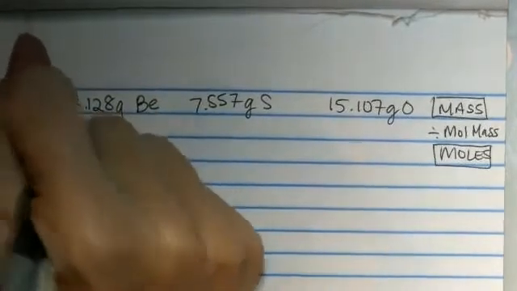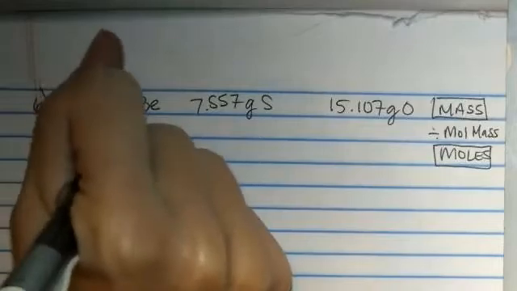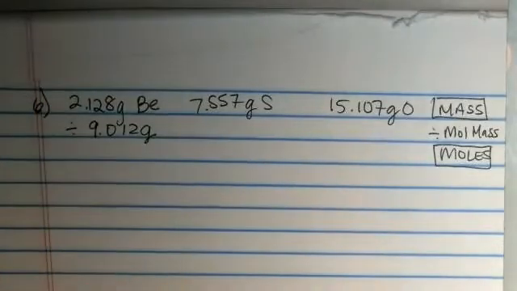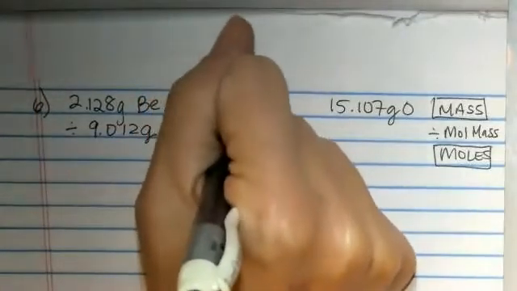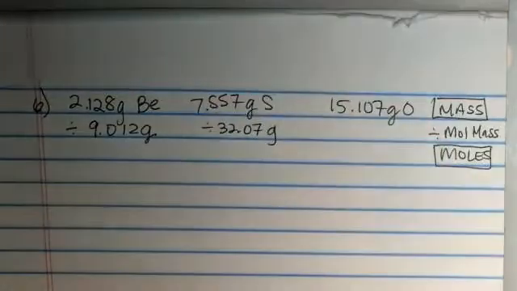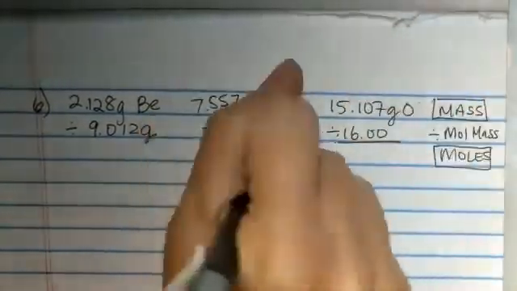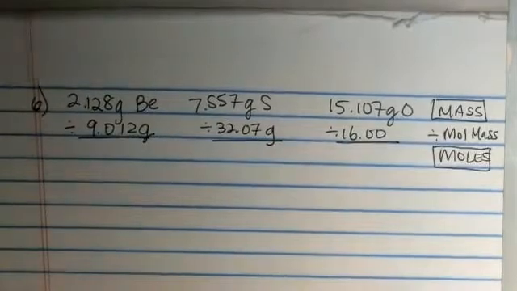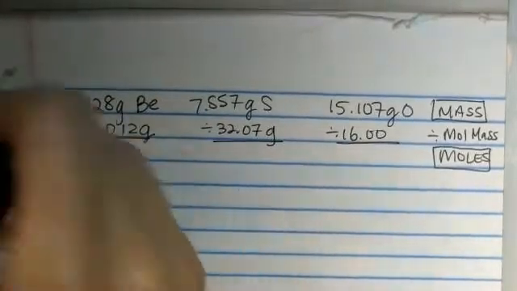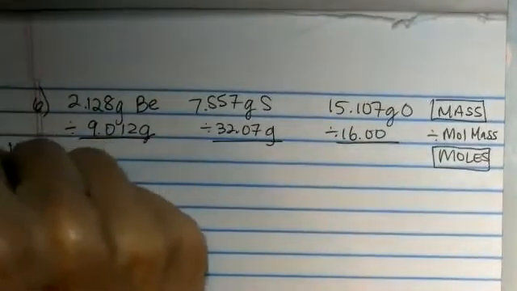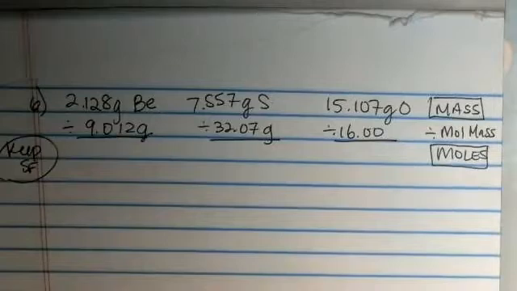Beryllium, not one I use as much, has molar mass 9.012. Sulfur, depending on the table you look at sometimes, 32.07. And oxygen, 16.00. All right. So at this point, just a little note, a lot of times students want to start rounding, but don't round just yet. We need to keep our sig figs here.